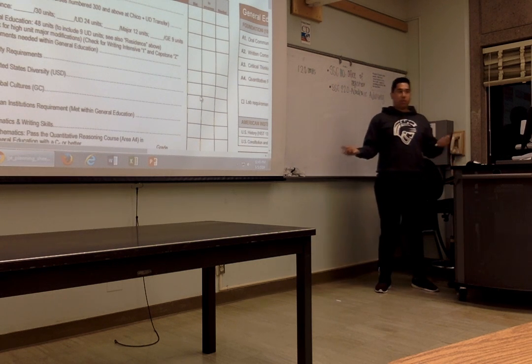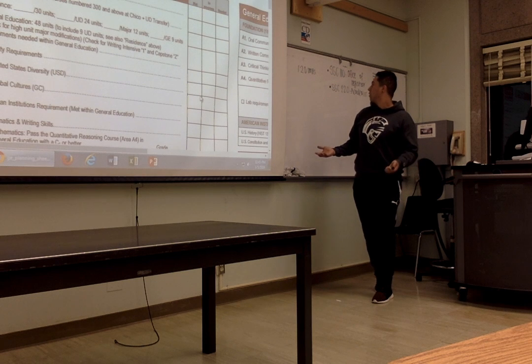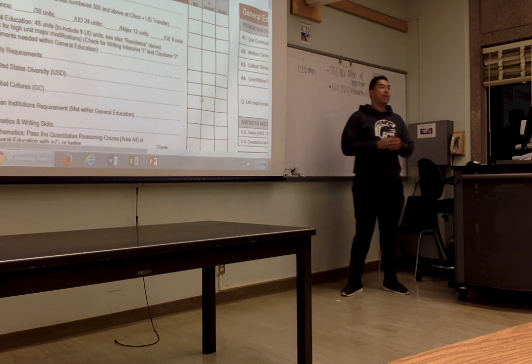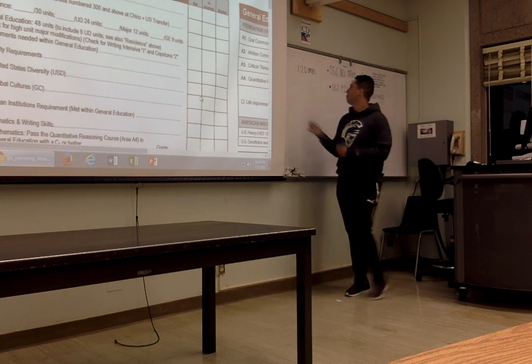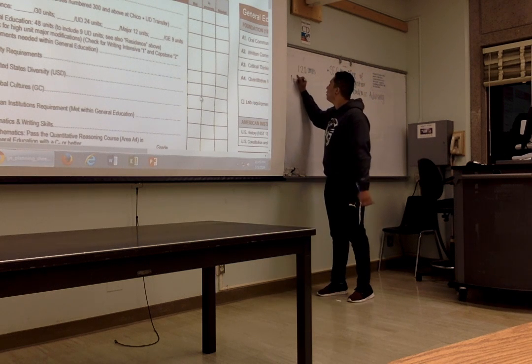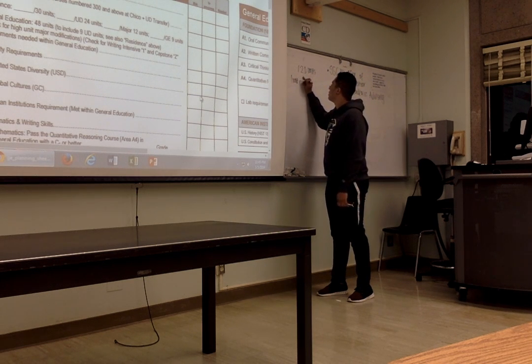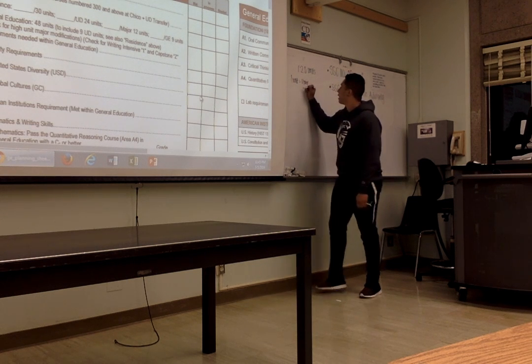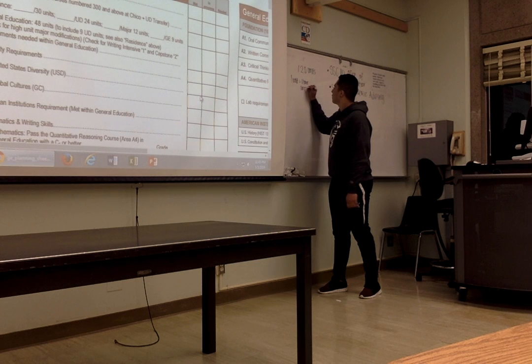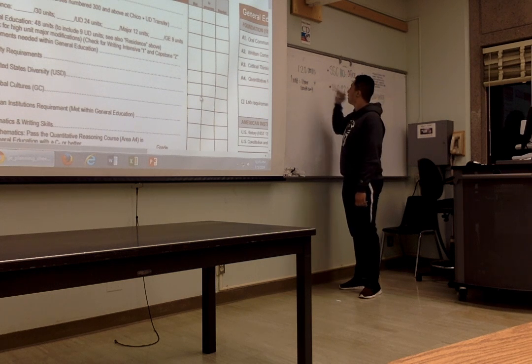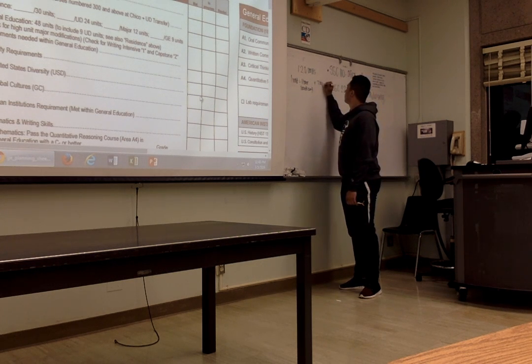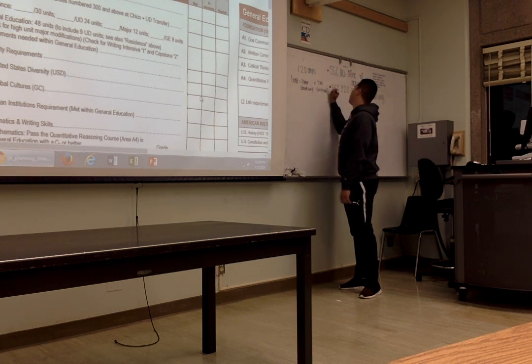Remember when I said a unit? No one knew what a unit is? Well, just think of a unit as a measure of time. 1 unit is equal to 1 hour inside class plus 2 hours outside of class.